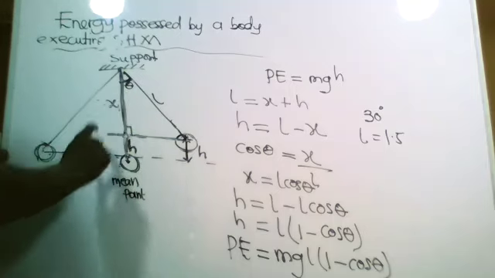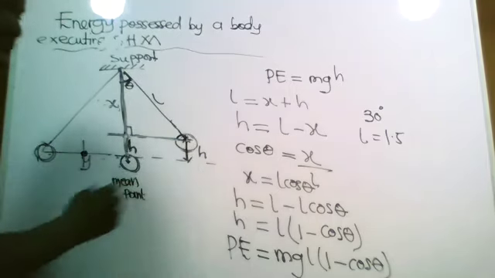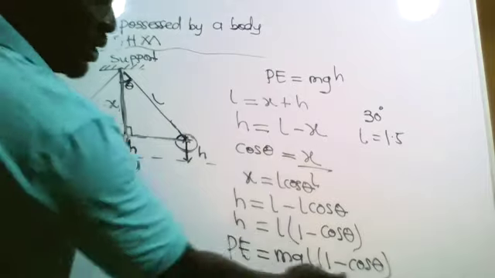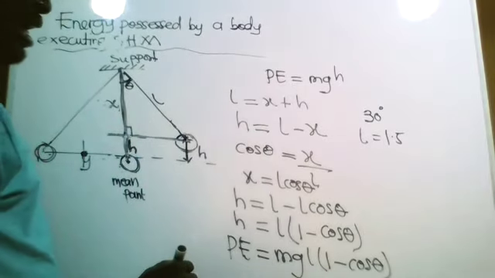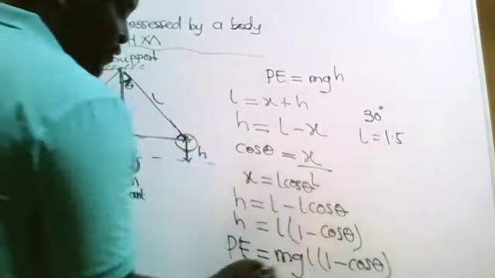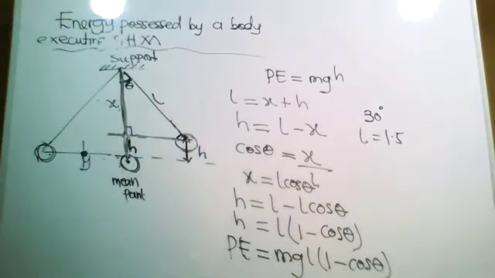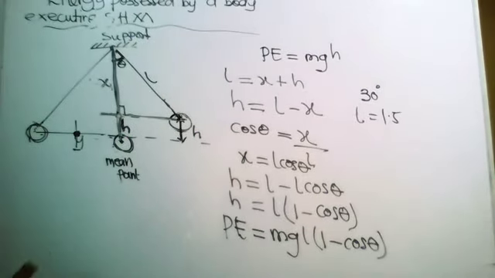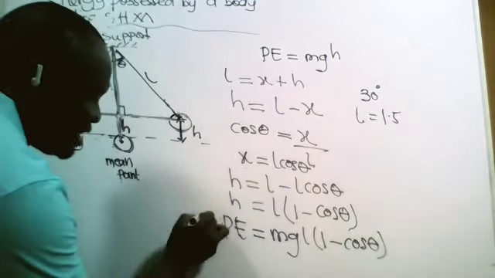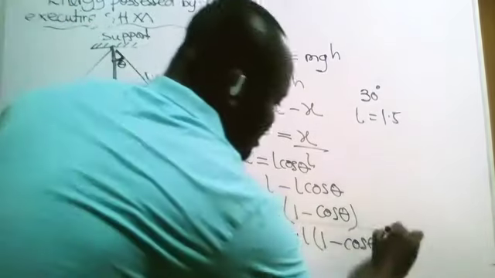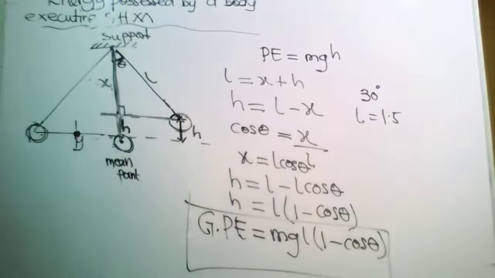But once there is an angle, the body has moved. Therefore, using this, you can determine the potential energy when you are given the mass of the body, the length, the angle, and the acceleration due to gravity, which is constant. So for a simple pendulum, if you want to calculate the gravitational potential energy, this is the relation. Understood?